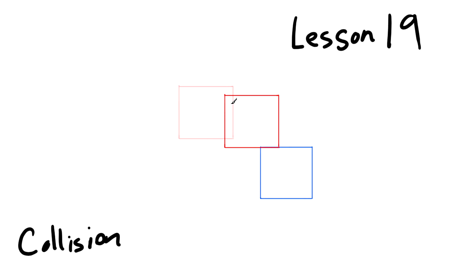Another way you could handle the collision handling, and it's another approximation, by the way, is you could separate your motion.